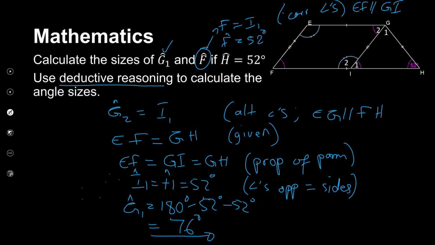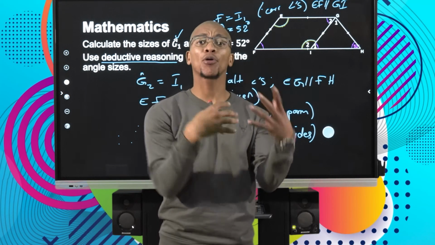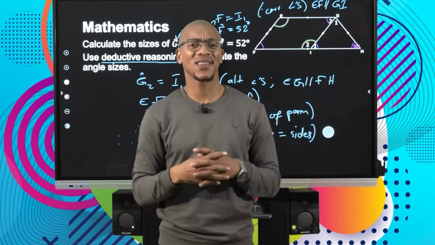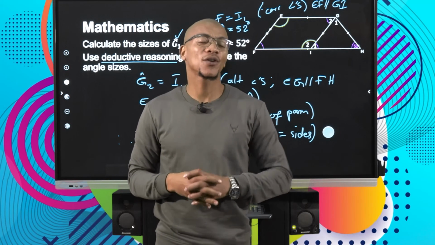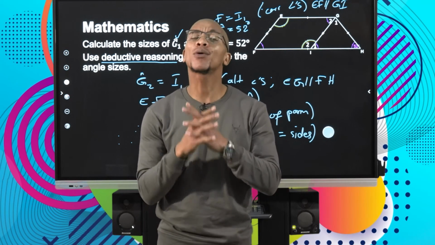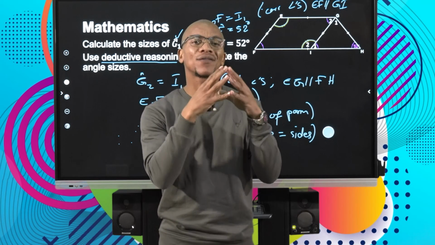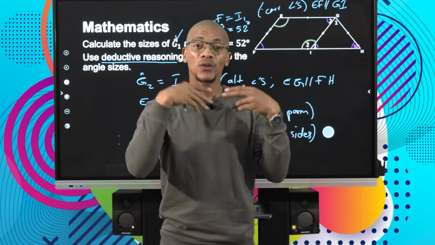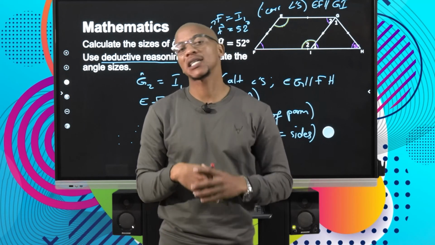So that's how you use deductive reasoning based on the properties of these shapes to find some answers with the values that we give you. I know this might be a very complex thing to think about, but I promise you, if you indicate the properties of that shape on the diagram based on what you are told the shape is, then everything else will just fall into place.